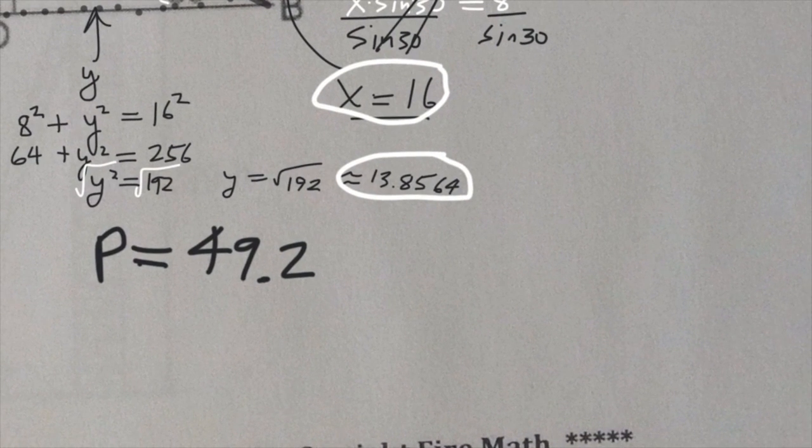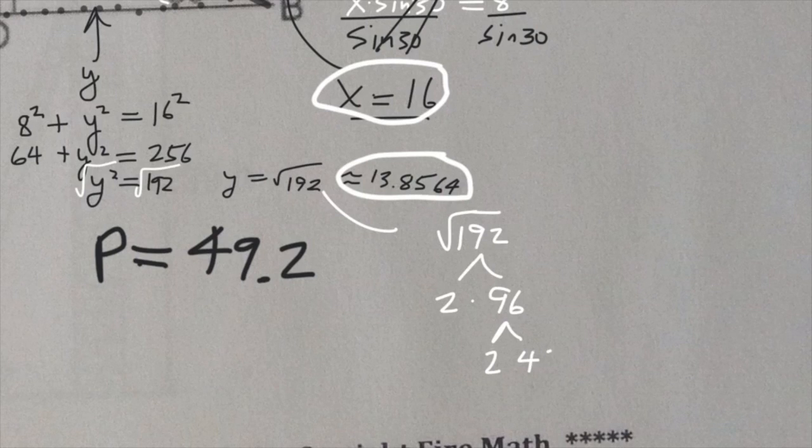Let's see if I can use the same trick on the square root of 192. So simplifying the square root of 192, well, it's an even number, so I can definitely divide it by 2. So 192 split in half is 96. And I can split it again with dividing by 2, which brings me to 48.